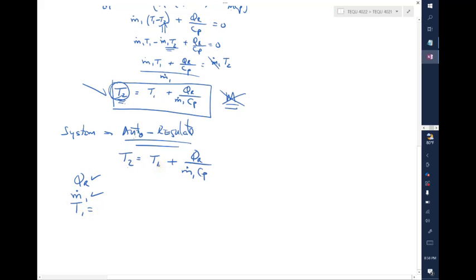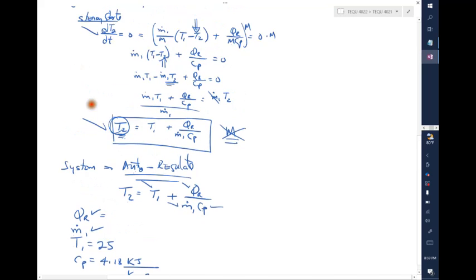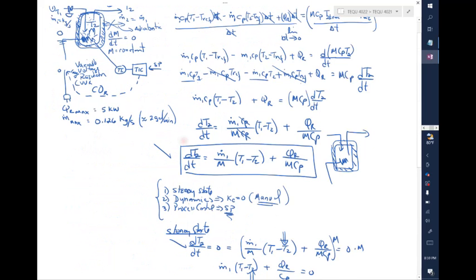If I know 4 of them, in most cases it will be QR, M1, T1, and Cp. Cp is 4.18 kilojoules per kilogram degree C. T1, let's say, is 25. QR depends on what adjustment you made here.